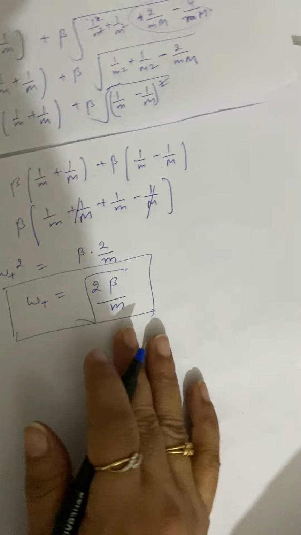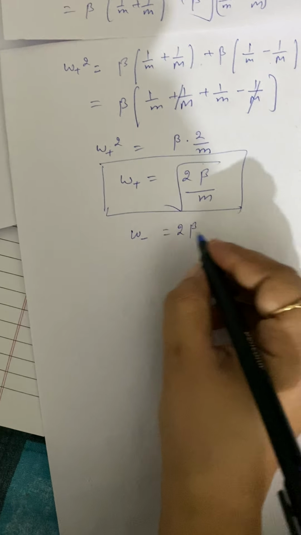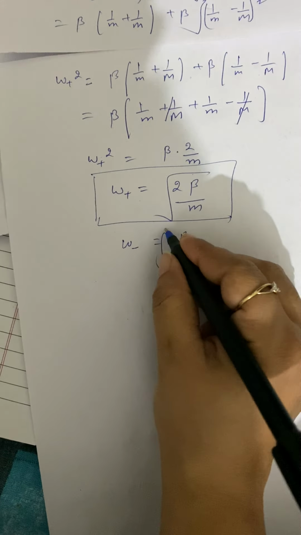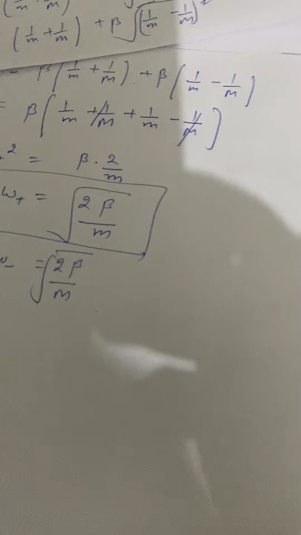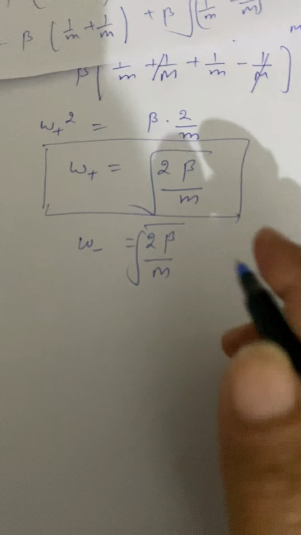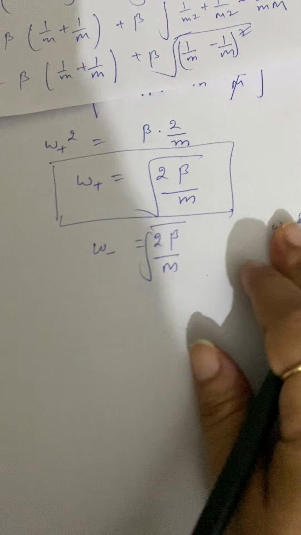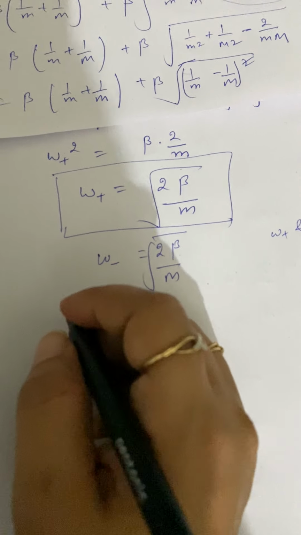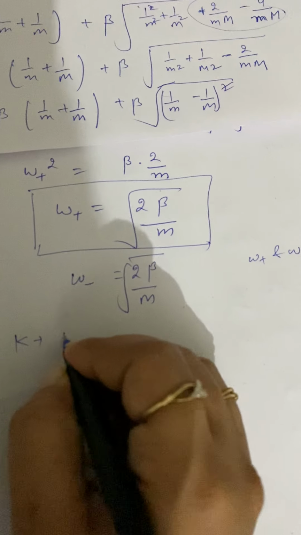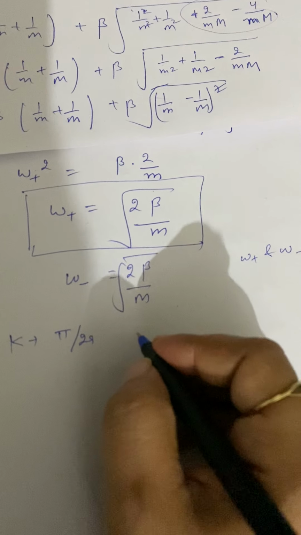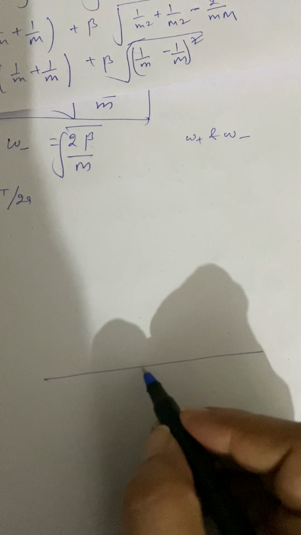Similarly, when we solve it for omega minus, we will have the solution of omega minus equal to this factor. When we plot a curve for these two frequencies, omega plus and omega minus, by taking the condition for k tending to pi by 2a, we will have a curve like this.